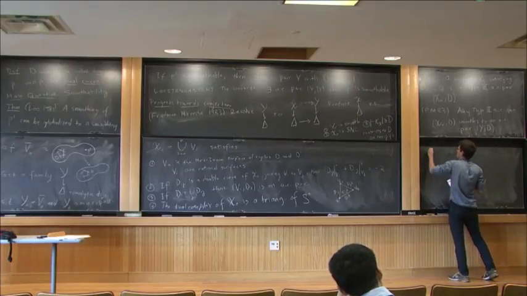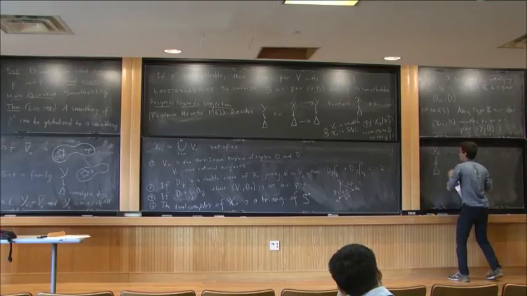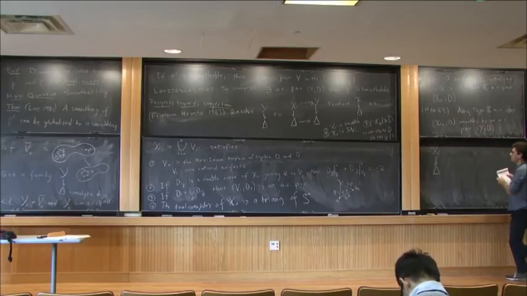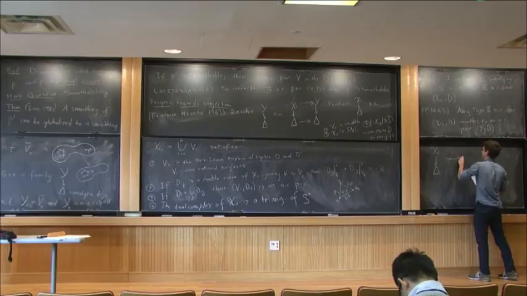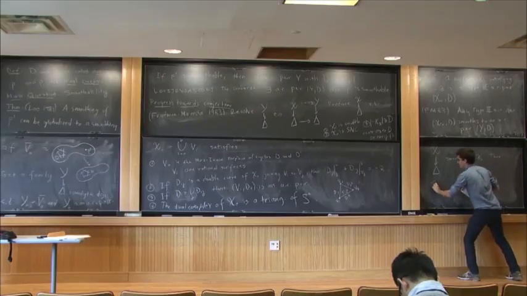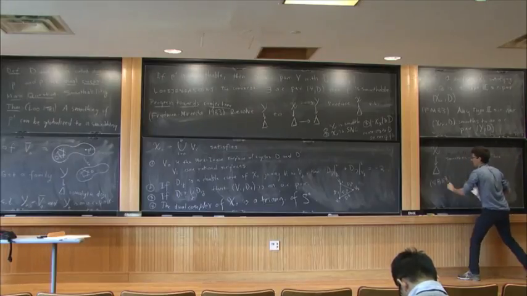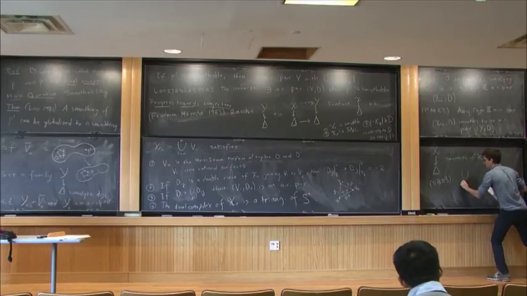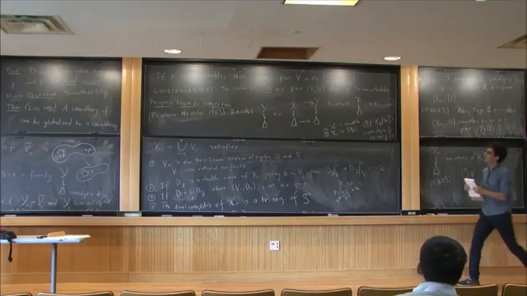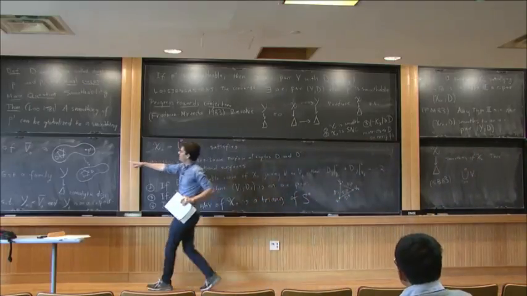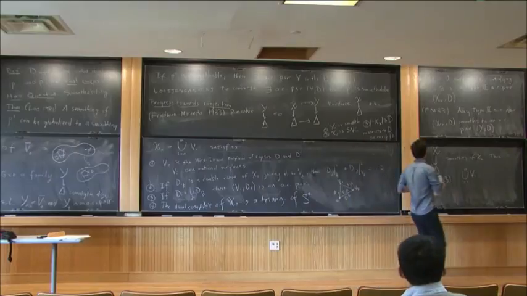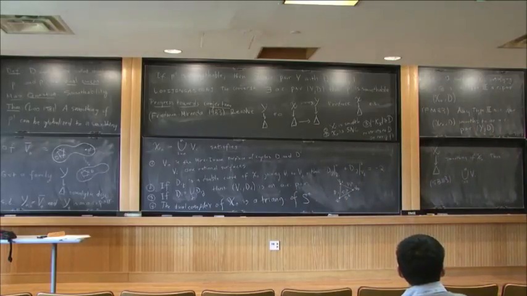So let's call X over delta, as usual, a smoothing of X naught. Then, also in 1983, Shepherd-Barron showed that the union of the surfaces V_i, i from 1 to n, so in other words all the exceptional divisors we introduced by blowing up here, can be contracted in such a situation for any smoothing of a type 3 anticanonical pair.